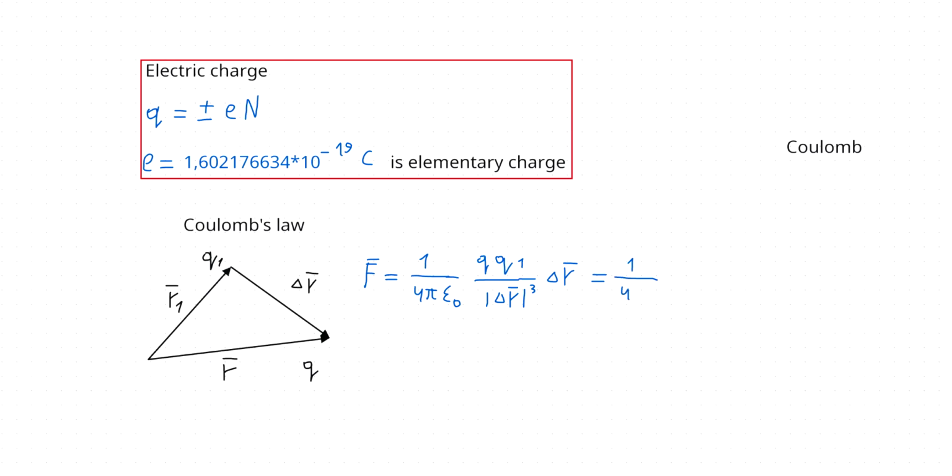1 divided by 4 pi epsilon 0, q and q1, divided by the absolute value of the vector r minus r1 to the power of 3, multiplied by r minus r1.